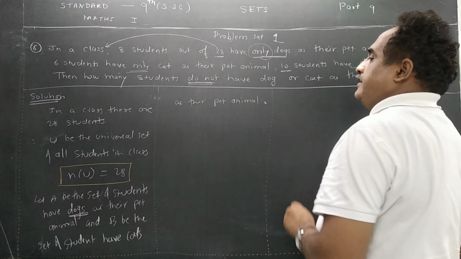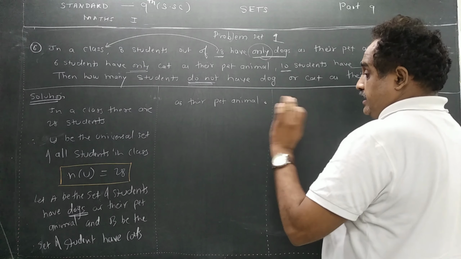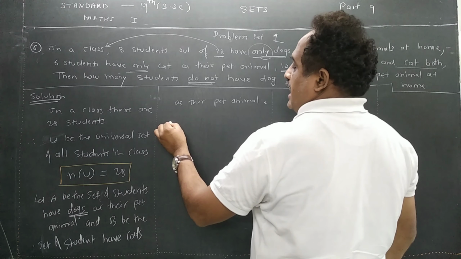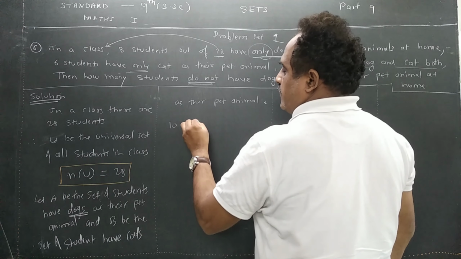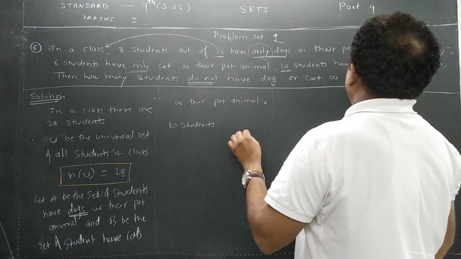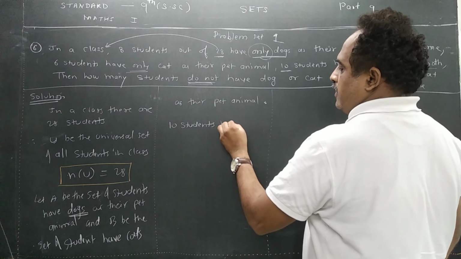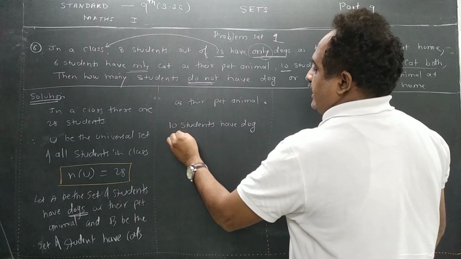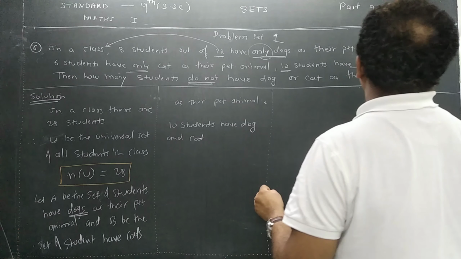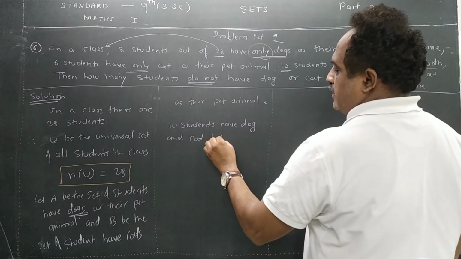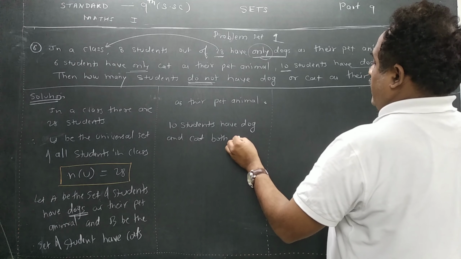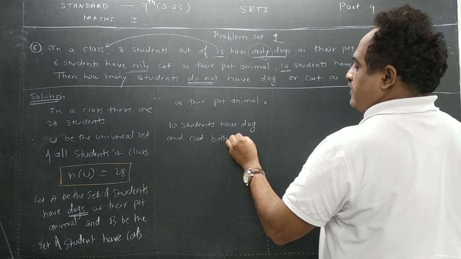Once you got that, here you have to be very careful, and then you are given 10 students have dog and cat both as pet animal.